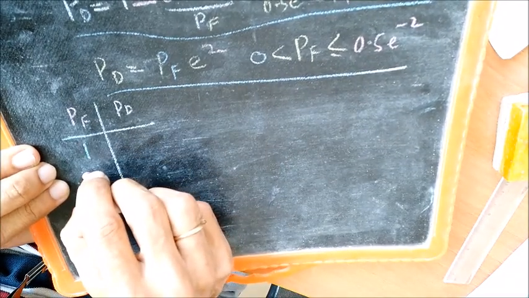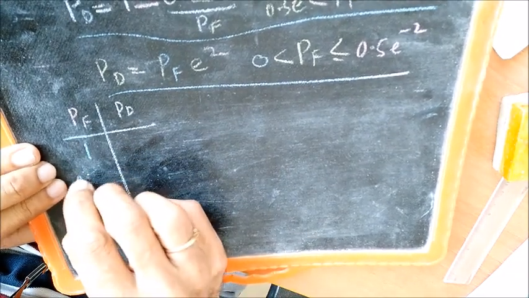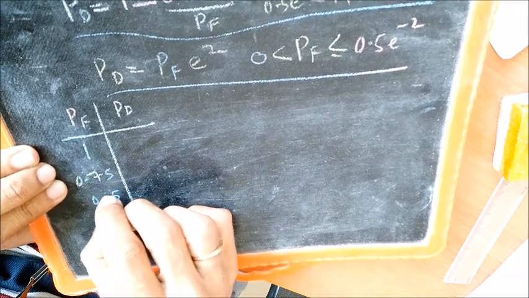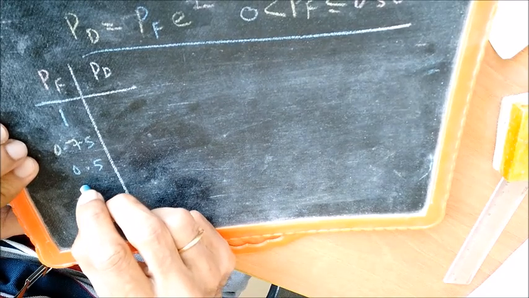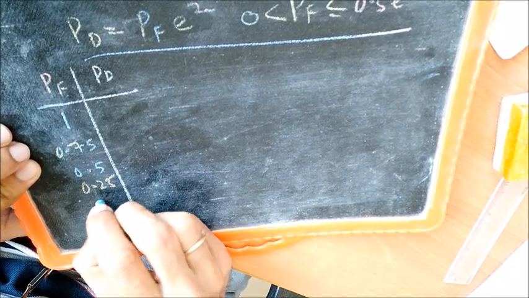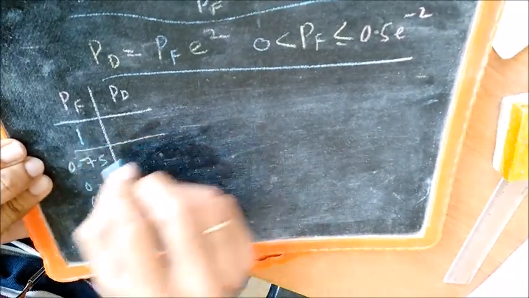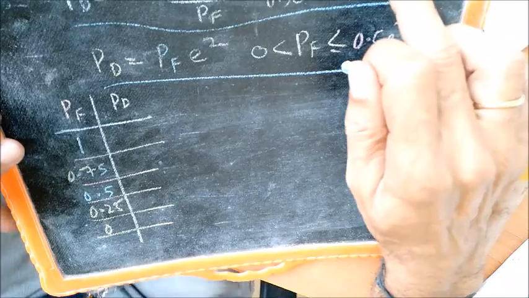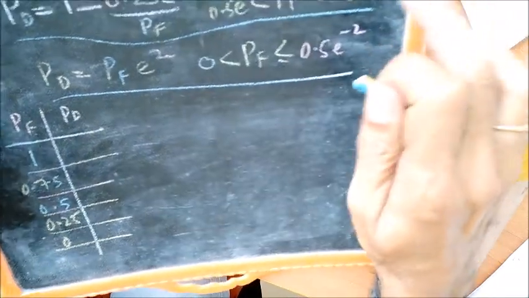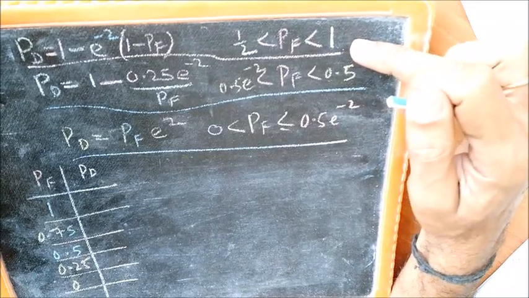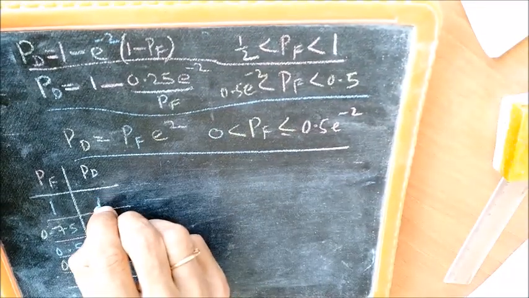So PF is 1, 0.75, 0.5, 0.25, 0, and the corresponding values you can find out. So when PF is 1, even the theory says, as we have discussed, that PD is 1.